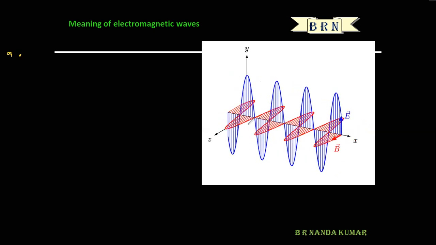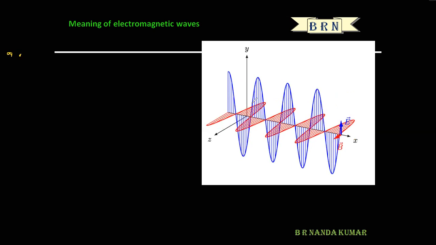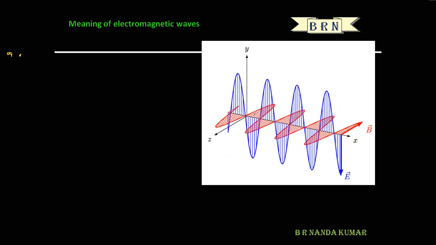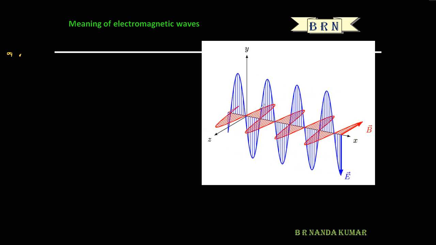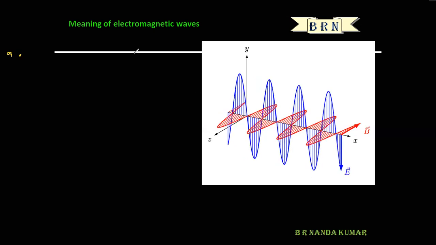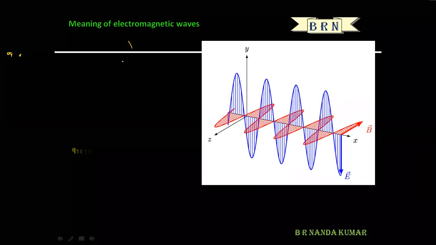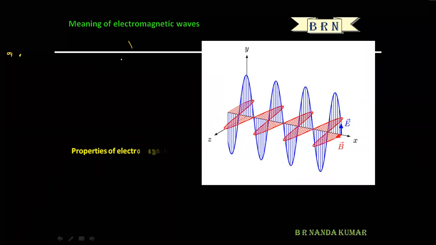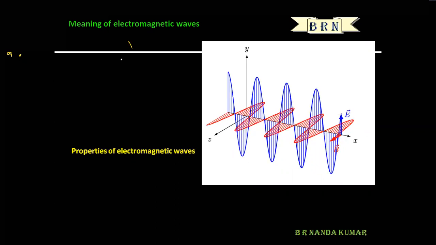So the electromagnetic waves are transverse in nature, and that is a property of electromagnetic waves. The first property is that electromagnetic waves are transverse in nature.